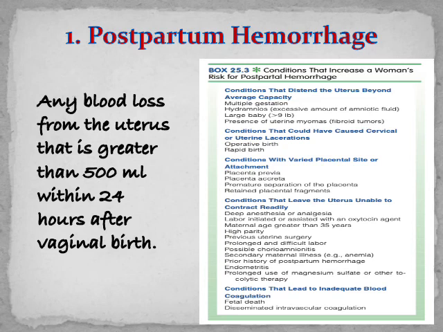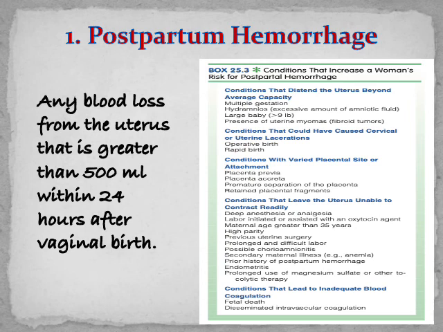In box 25.3, you can see the different conditions that increase a woman's risk for postpartum hemorrhage. And these are conditions that distend the uterus beyond its capacity. These are also conditions that cause lacerations of the cervix or uterus.